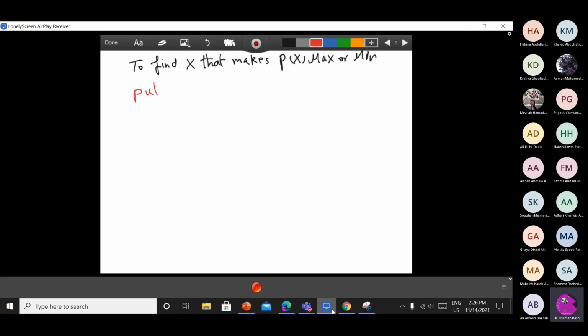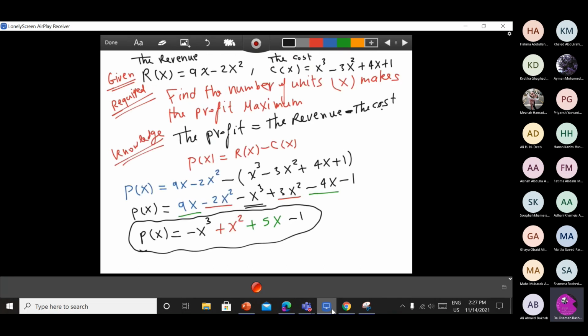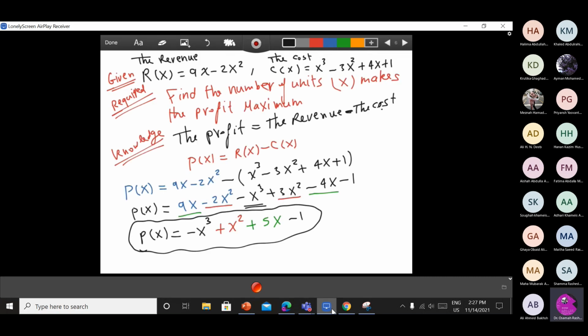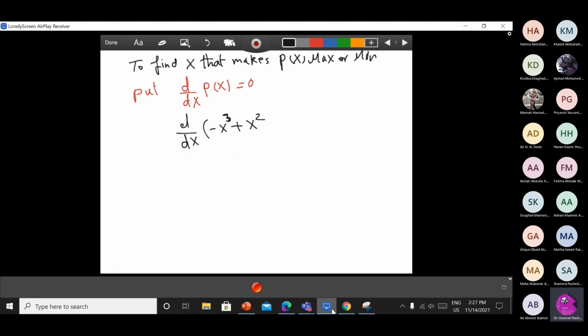We put d by dx for the profit equal to 0. So d by dx, what's my profit? Here it is, minus x cubed plus x squared plus 5x minus 1.